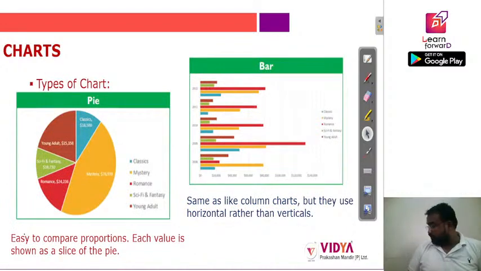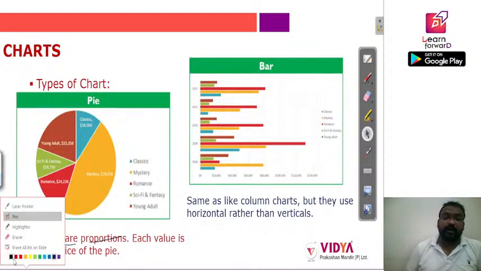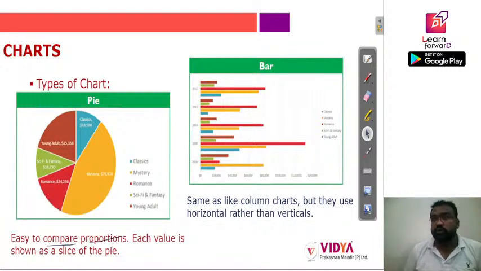Then we have this pie chart, which basically helps you to compare proportions, or shares. Like you have five products that are being sold. You can check which product has the highest market value, or which product has the highest order that is being sold.